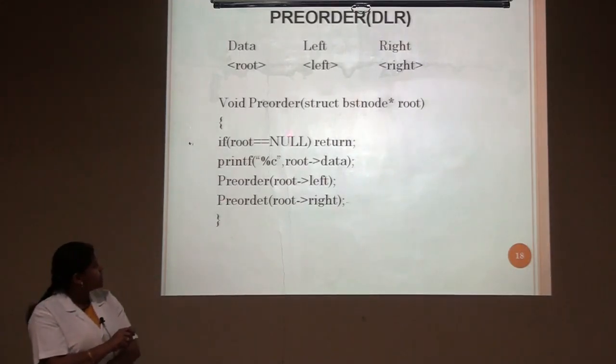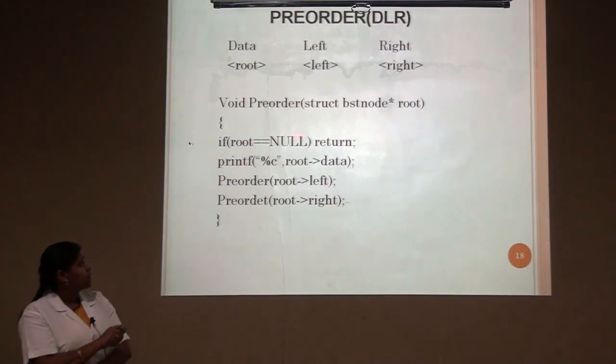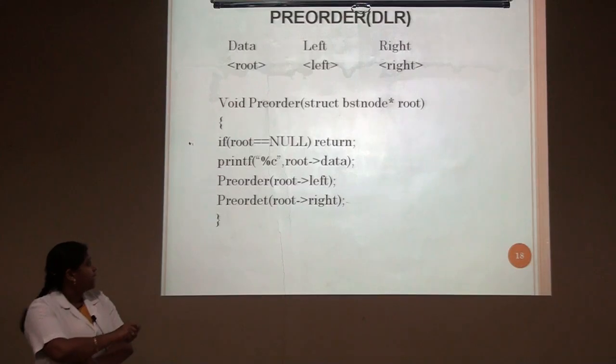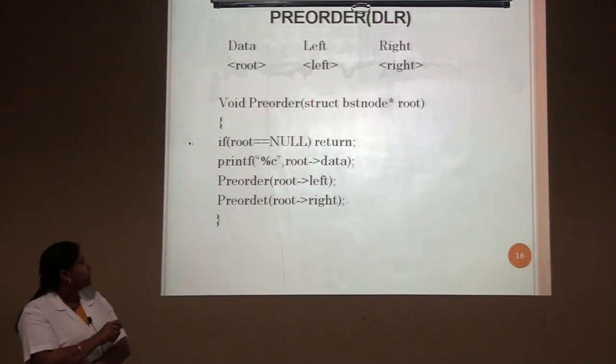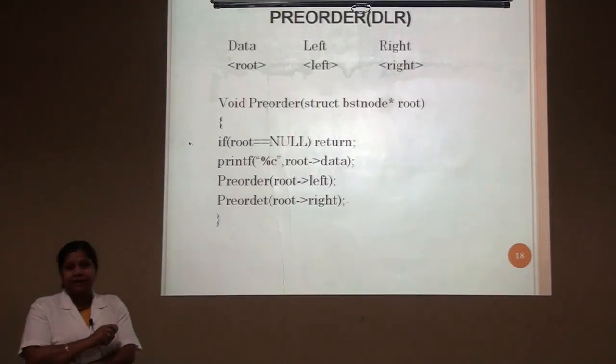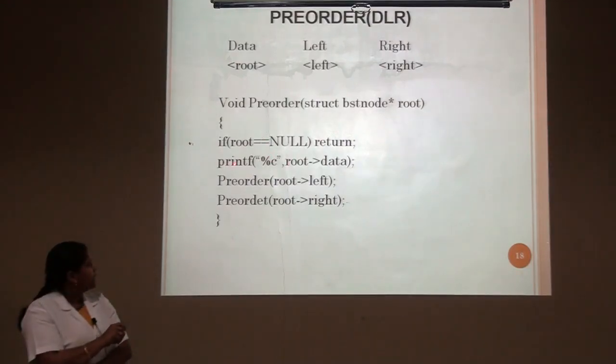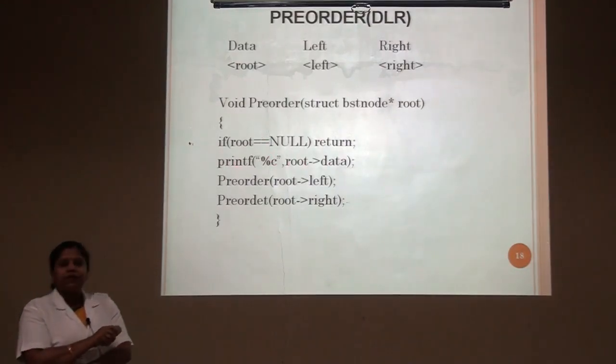This is the procedure, where a recursive function call is used. For example, in this pre-order procedure, if the root node is null, we can return, so there are no nodes available anymore. Then we visit the root node data.